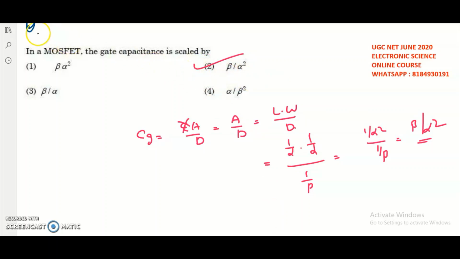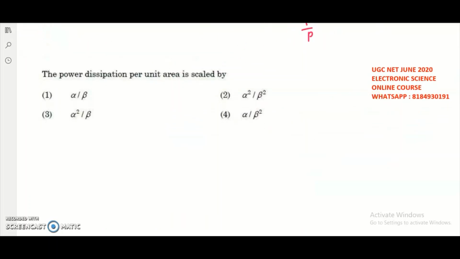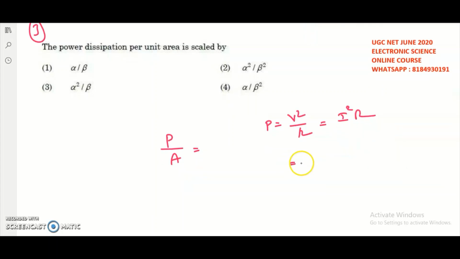And now while coming to the third question, the power dissipation per unit area is scaled by. Generally the power formula can be taken as V square by R, or else I square into R. These are the power dissipation formulas. In V square by R, R is a constant, so don't bother about that one. V square is the power supply voltage, and the power supply voltage scaling is done by 1 divided by beta, whole square.